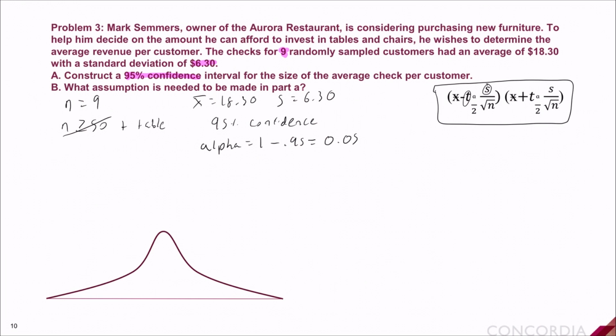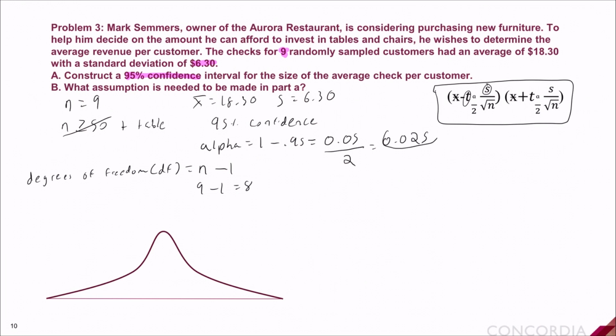However, the formula requires us to divide it by 2, and that gives us an alpha of 0.025. And now a new step is that when using t-tables, you need to find something called degrees of freedom. Degrees of freedom are often denoted as df, and all you have to do is take your n minus 1. In this case, our n is 9 minus 1 gives us 8.